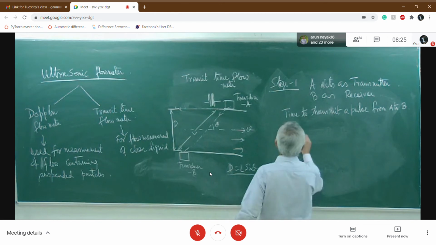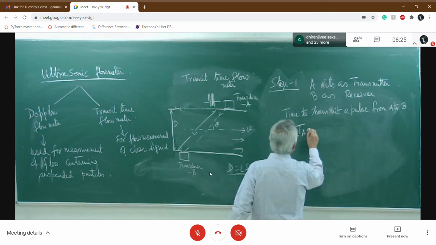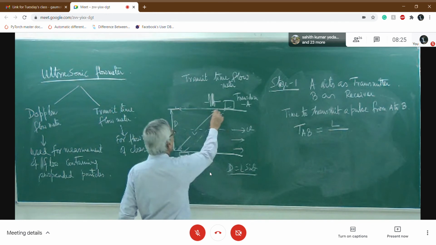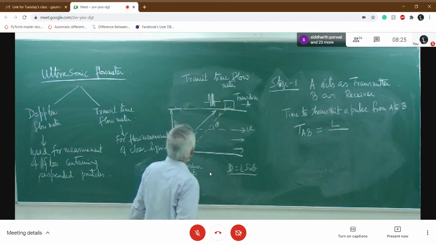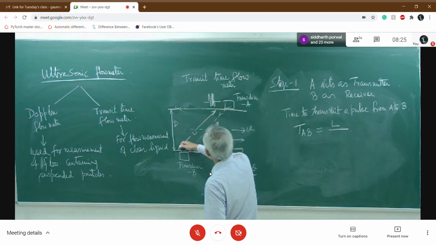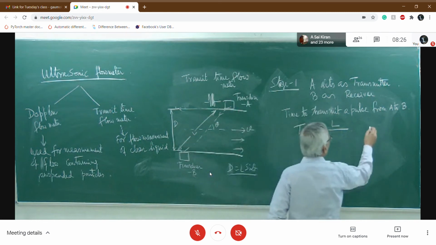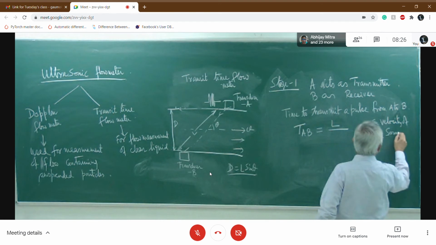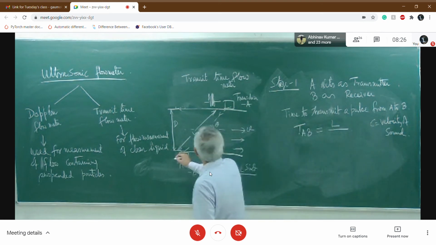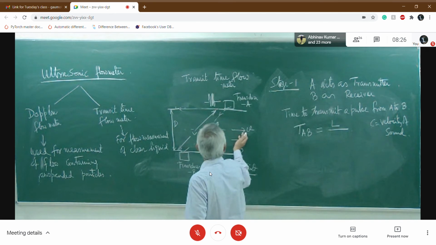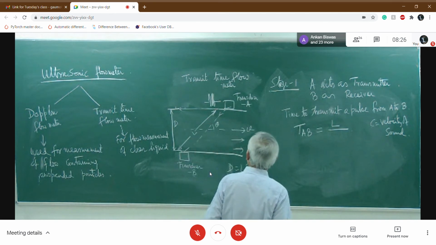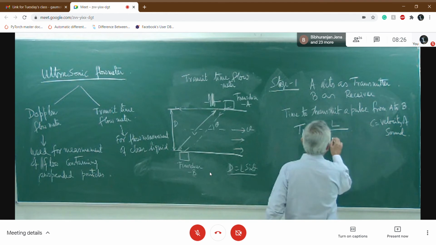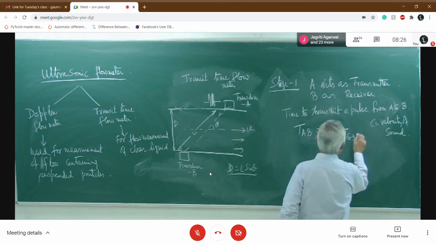That is, T from A to B is equal to L divided by the velocity of ultrasound from A to B. If C is the velocity of sound, it is traveling against the flow, and the liquid velocity has a component against it. So naturally it acts against the velocity, and the effective velocity is C minus V cosine theta.